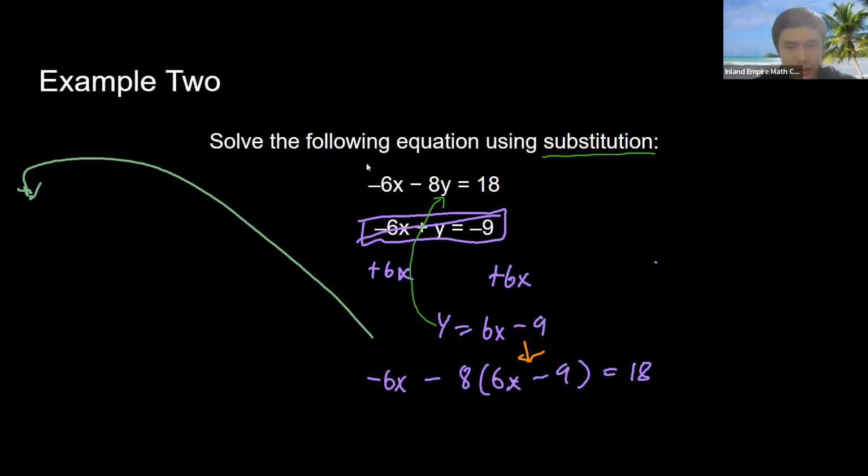And you want to make sure you understand these parts. Okay, Justin says negative 6x minus 48x minus 72 equals 18. Justin, you almost got it. You're so close. So minus 6x and minus 48x are all correct.